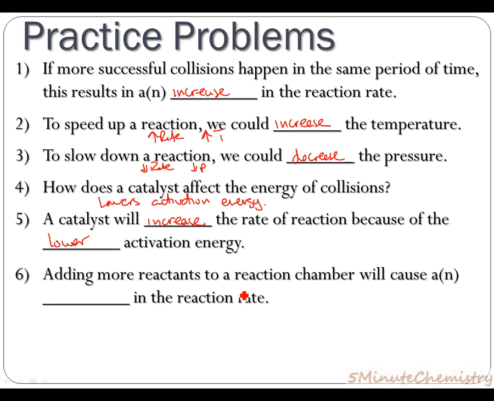Adding more reactants to a reaction chamber will cause a blank in the reaction rate. So more reactants, what this is telling you is that we are increasing the concentration of the reactants, and you'll recall that an increase of concentration results in an increase in the rate, so this will cause an increase in the reaction rate.